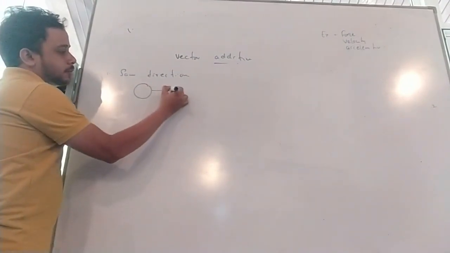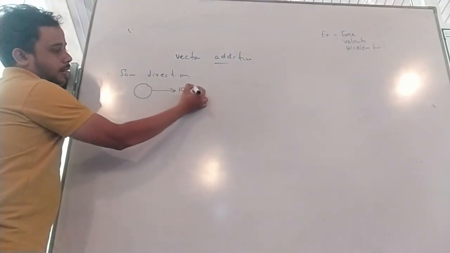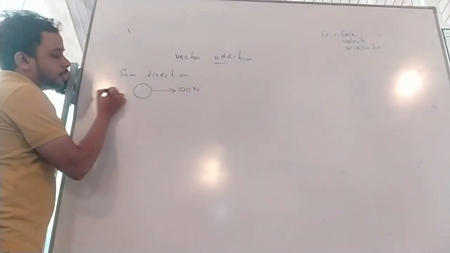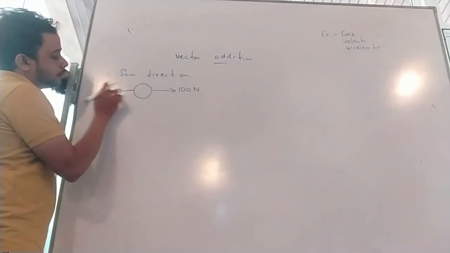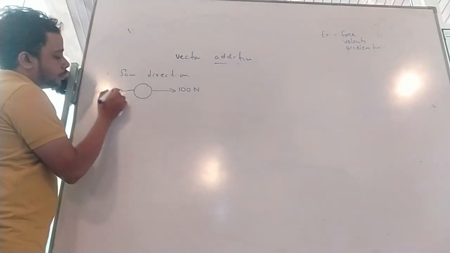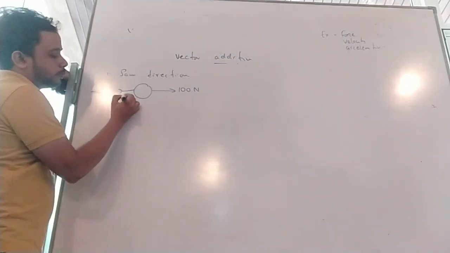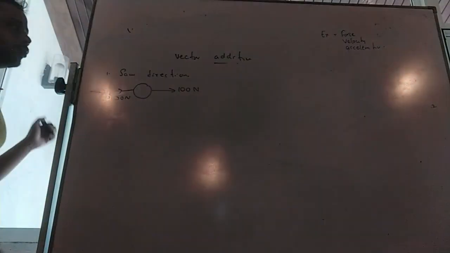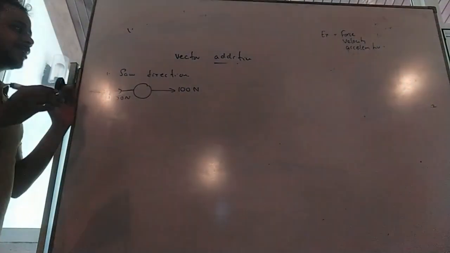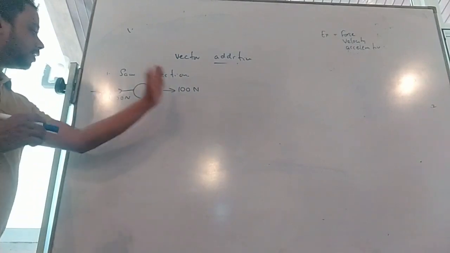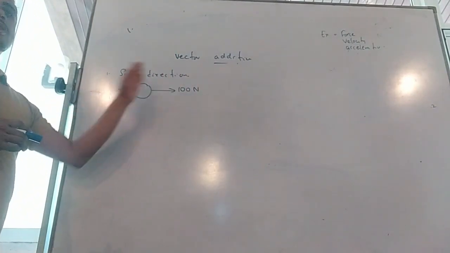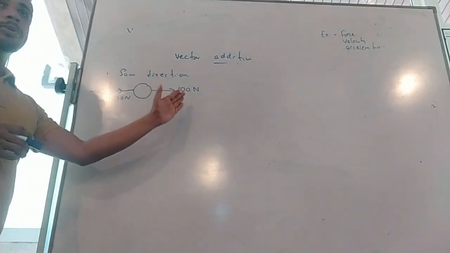So let's say there's a force acting this way, 100 newtons, and another in this way, 200 newtons. If you have an object like this, and two things are acting on it in the same way, one pushing and one pulling, then it is easier to push or pull the object.